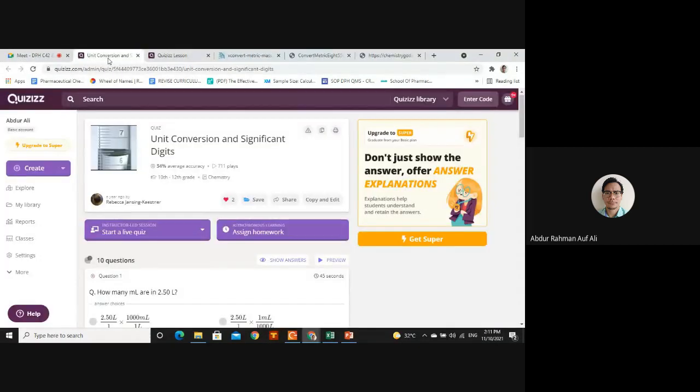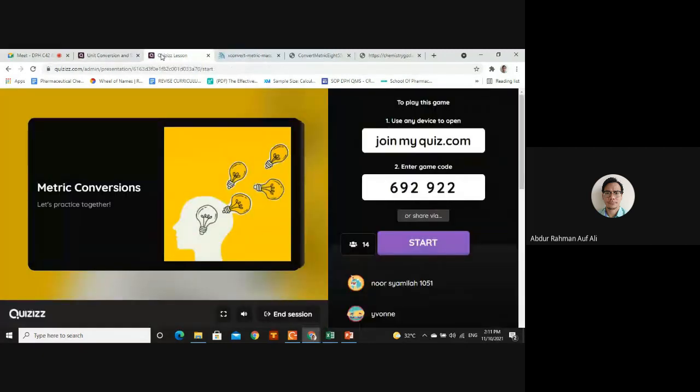So hari ni related to significant figures, kita nak tengok how to convert units. Because bila kita buat, when we perform analysis, when we perform measurements, be it volume or temperature, mass, ataupun pressure, we need to measure with sometimes different conditions, using different instruments.